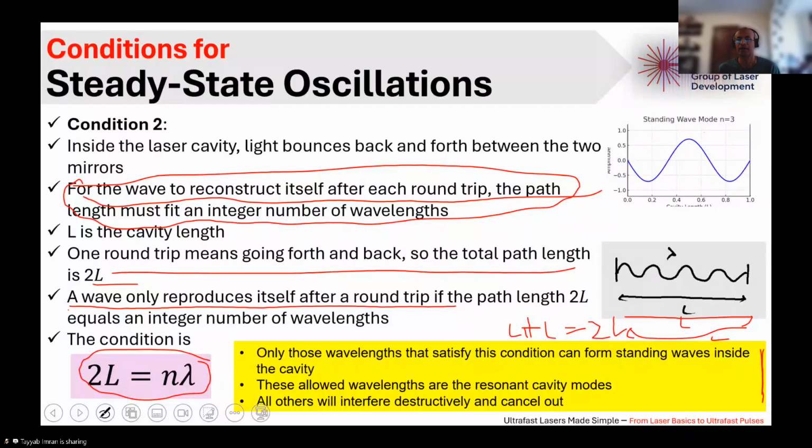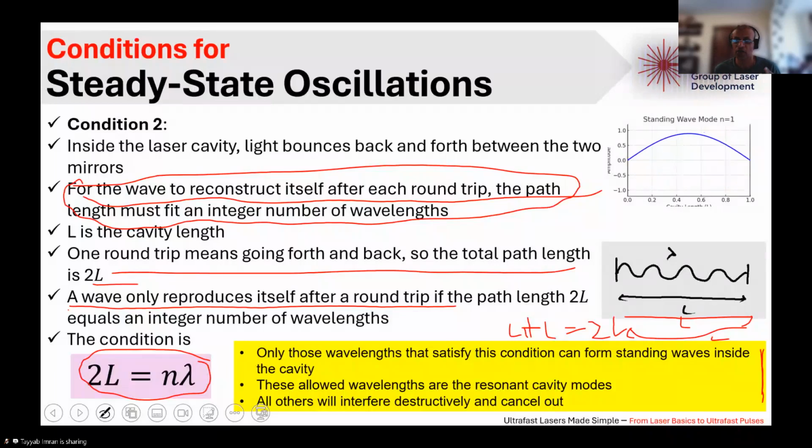And these allowed wavelengths, which follow this formula, we call resonant cavity modes. Cavity modes will come in detail later on, which are very important for the ultra-fast laser. So these allowed wavelengths, we call the resonant cavity modes.